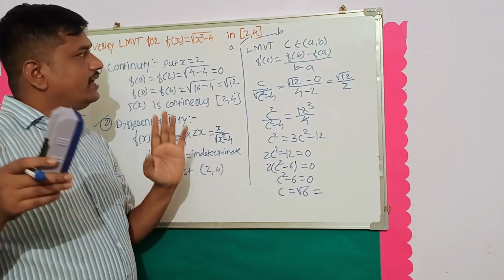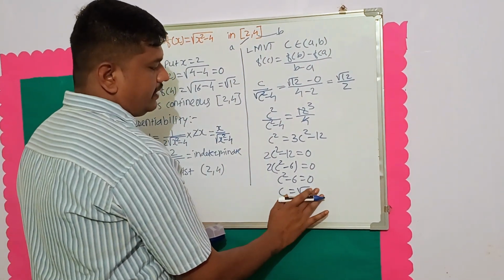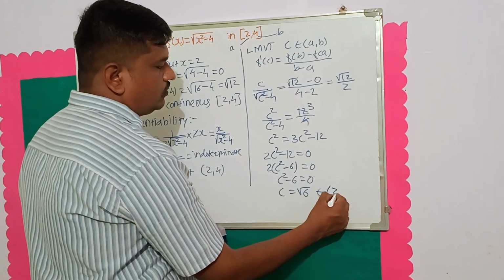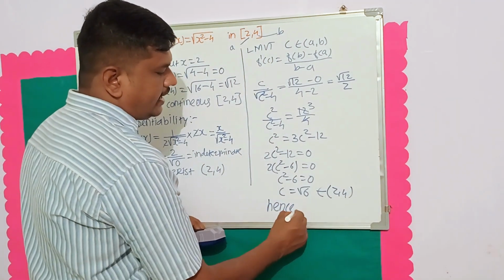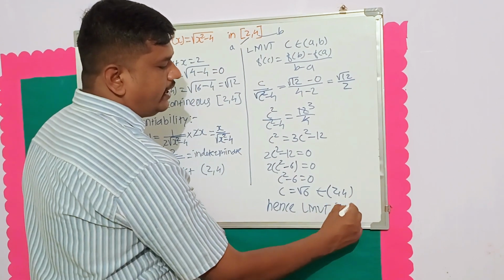So this number definitely must lie between this a and b. So here we can write this definitely belongs to 2 comma 4, and hence Lagrange's mean value theorem is verified, we can say.